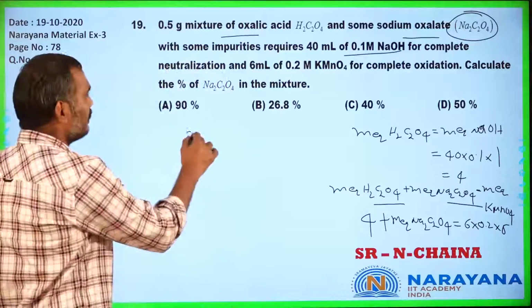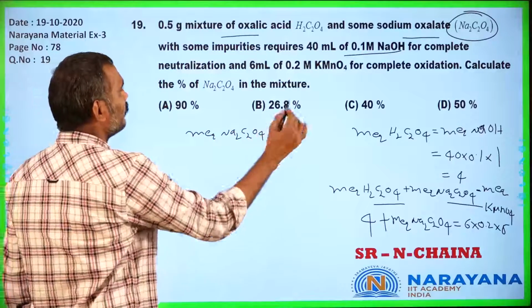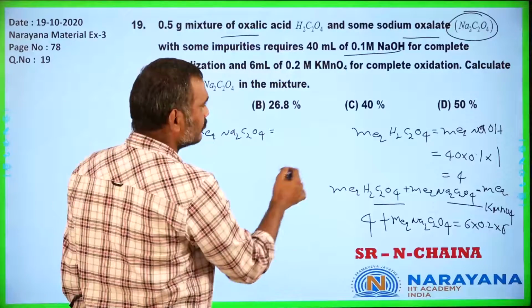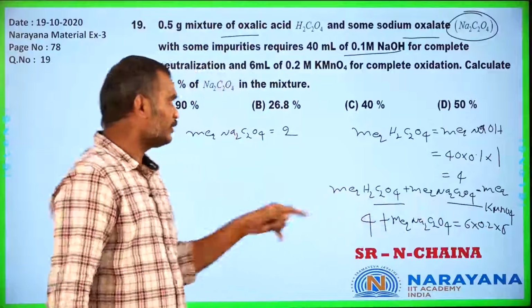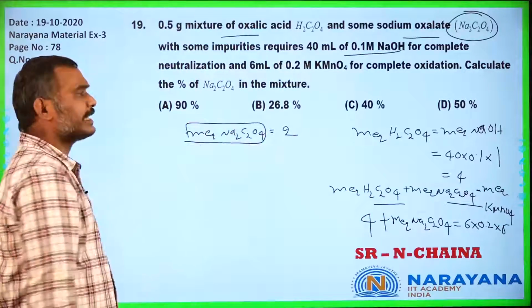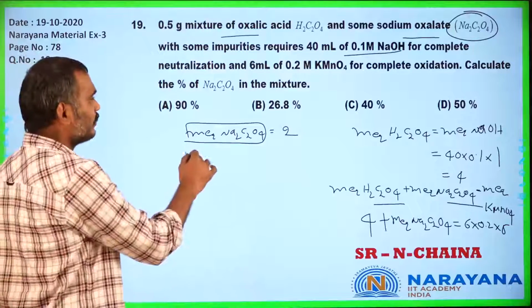That is, milli equivalence of Na2C2O4 is equal to 2. Why? The total is 6, and 6 minus 4 is 2. You got the milli equivalence. If you know the milli equivalence, you can calculate the weight.